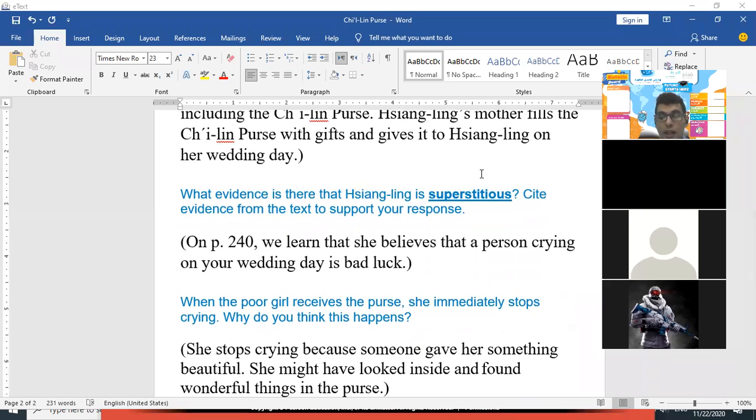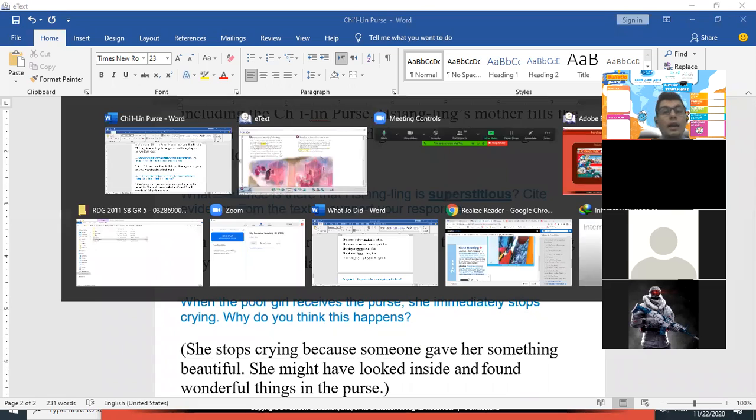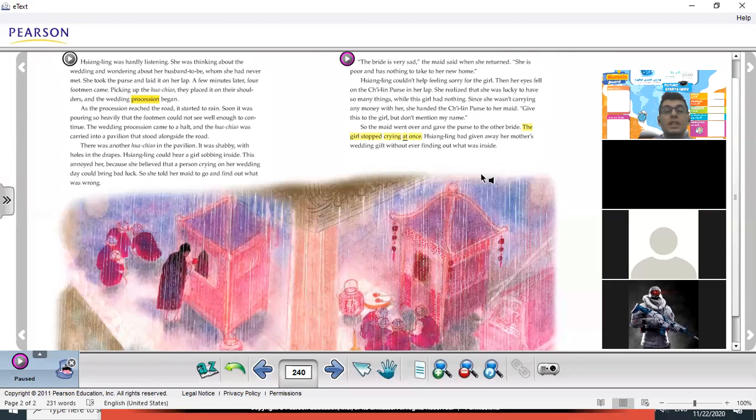She might have looked inside and found wonderful things in the purse. And we can figure out that those wonderful things are money. Why? Because Mrs. Sue was wealthy, right? So she put some money for her daughter to help her with her wedding. Yes, that's it exactly.